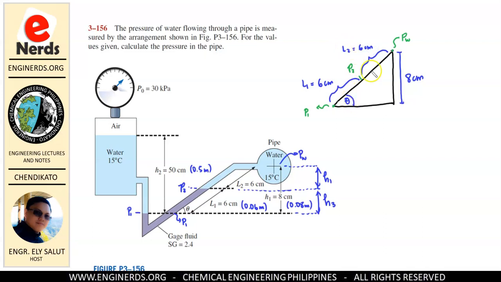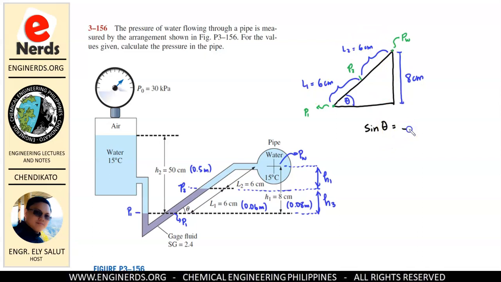So, as you can see, we have similar triangle here. So, dahil pareho silang 6 centimeter, so we can calculate for the value of our angle here. So, we know that sine theta, the sine of our angle is opposite over the hypotenuse. So, if this is 6 centimeter and this is 6 centimeter, so therefore the total is 12 centimeter.